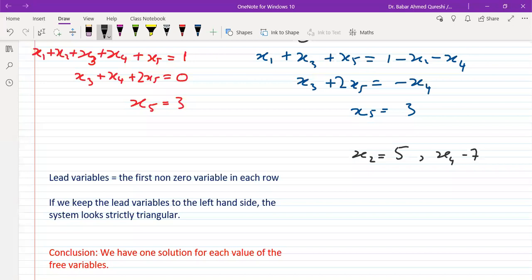Now I have a solution for all variables for each choice of x2 and x4. And I can choose whatever I want because I'm looking for all solutions. There's no one stopping me from giving x2 and x4 any value. So I can as well choose these, or I can choose some other.